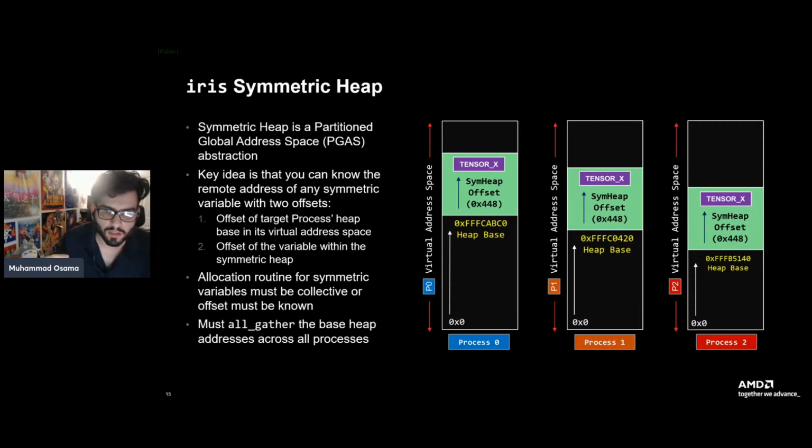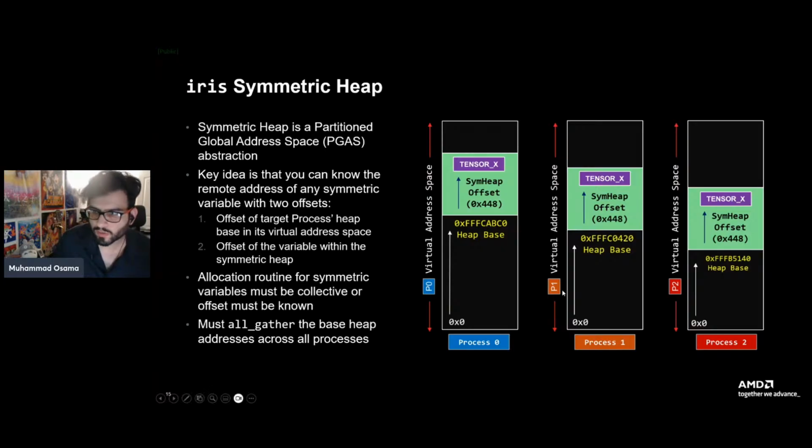One is an offset of the target process's heap base, which is, for a given process ID, where does my virtual address space begin? And then the second is, for a given variable, where that variable resides within that heap.